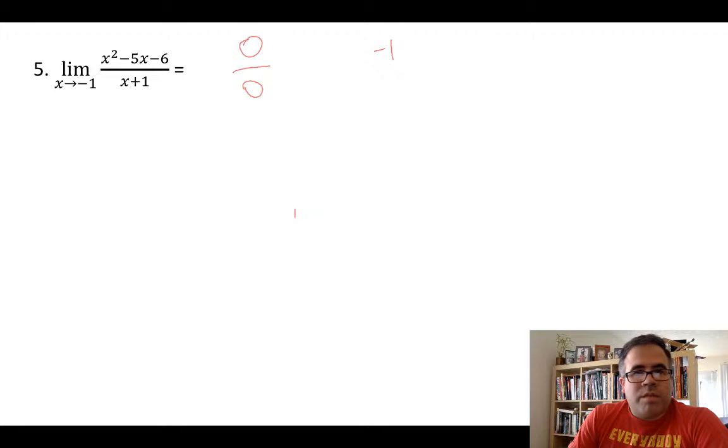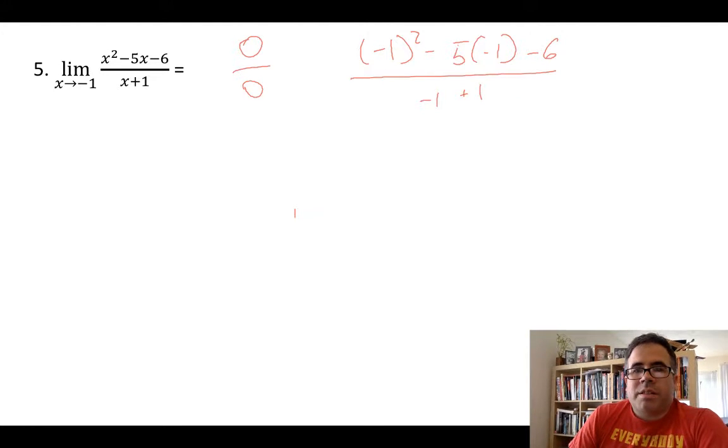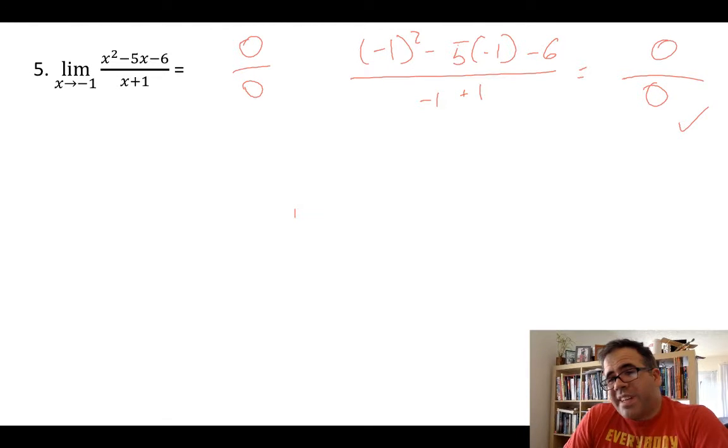We have -1 squared minus 5 times -1 minus 6 all over -1 plus 1. So obviously the denominator comes to 0. -1 squared is 1. We'd have 1 plus 5 minus 6. Well, that's 6 minus 6, which is also 0. All right, it's as we expected. It's 0/0, which is what's called an indeterminate form.